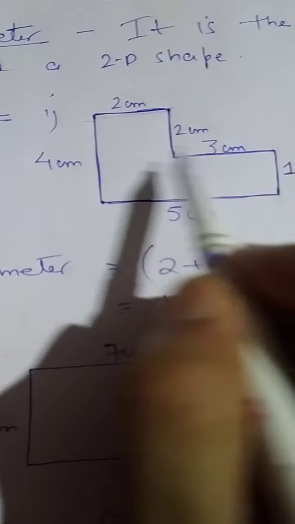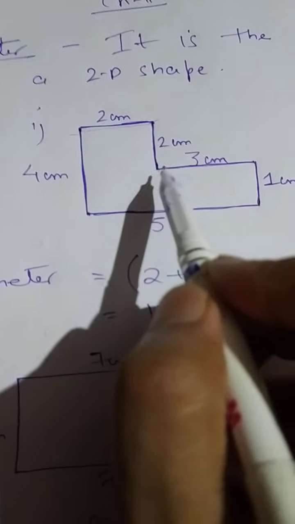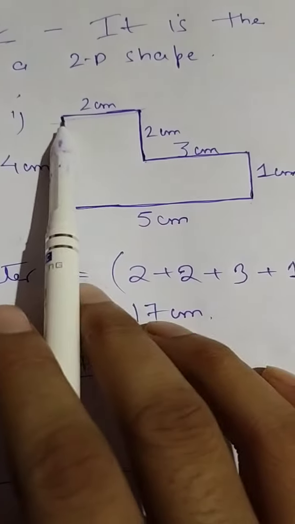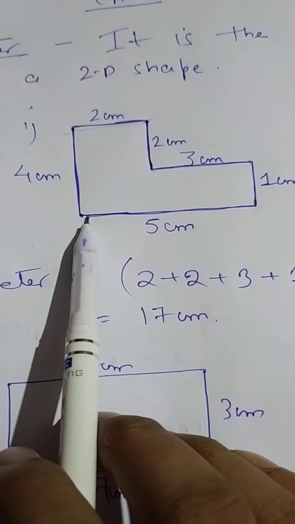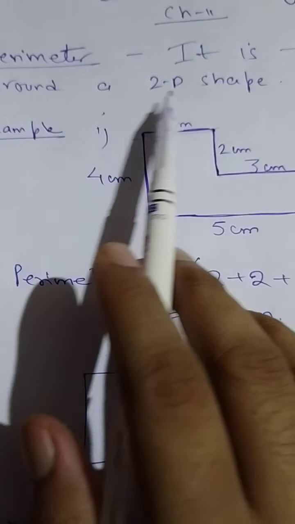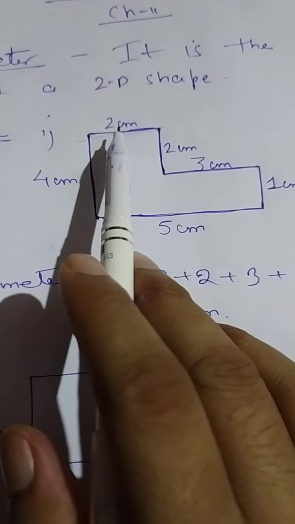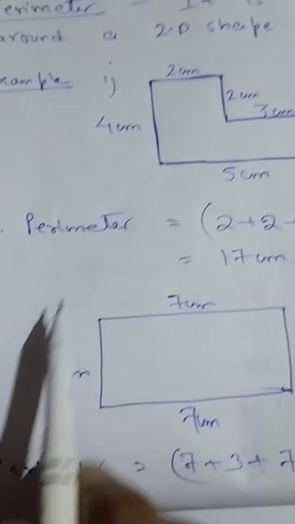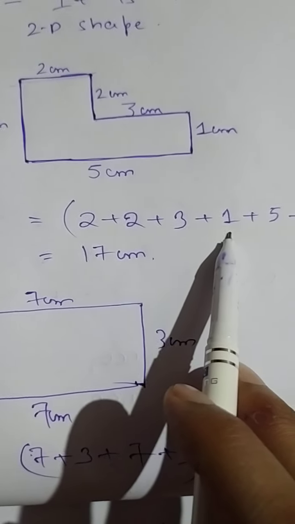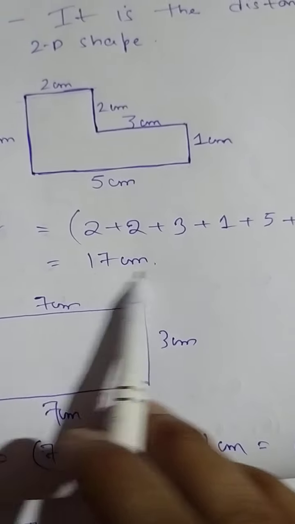Six sides are there and lengths are also given. So what you have to do is just add the lengths. Nothing else. Perimeter means you just add the lengths, and you will get the perimeter. That's why it is the distance around a 2D shape. So 2 plus 2 plus 3 plus 1 plus 5 plus 4 cm. If you add, your answer is 17 cm.